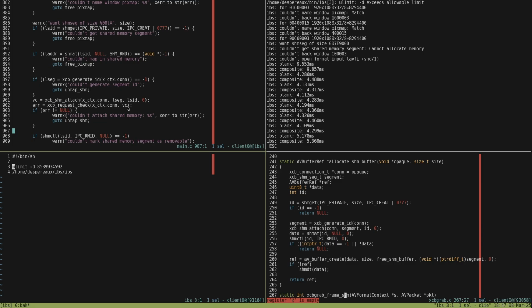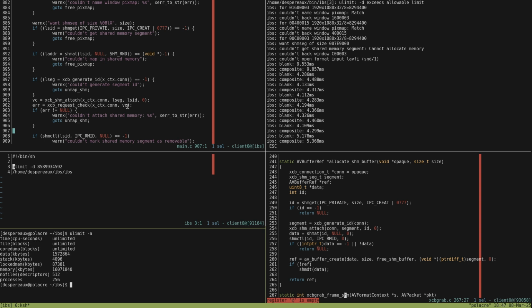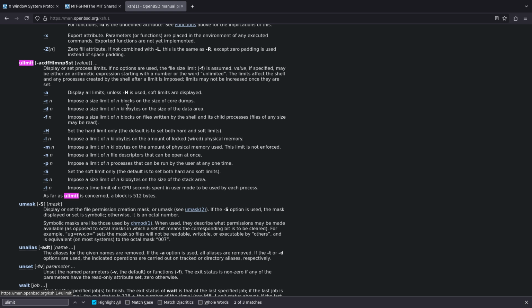Yo, that's too big. And what is it, A? I don't know which one this is. That's the thing, because it's not the data segment, I don't think. The data area.